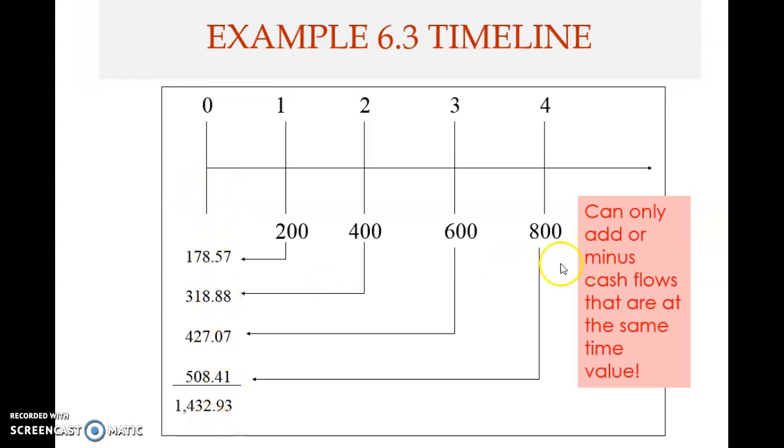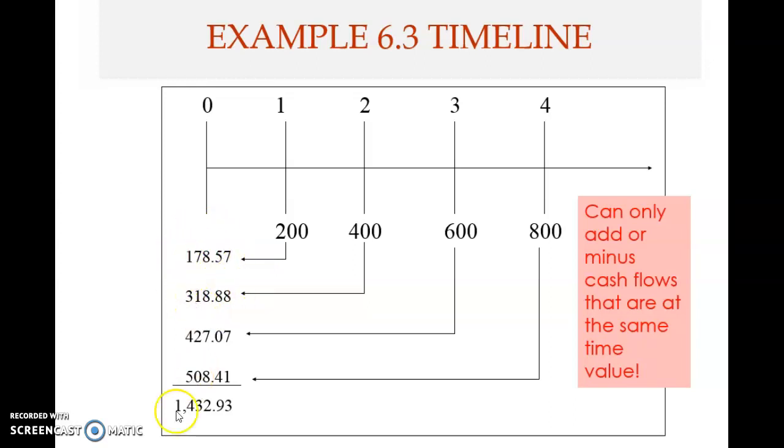If they are different times, you cannot add, because the value of 200 here is different from the value of 400 here. They are not the same. But here 178.57, this is a different amount, but the value is at the same time, therefore you can add the value. The value is not the same, but the time value is the same. They are at the same point in time, so you can add these two.